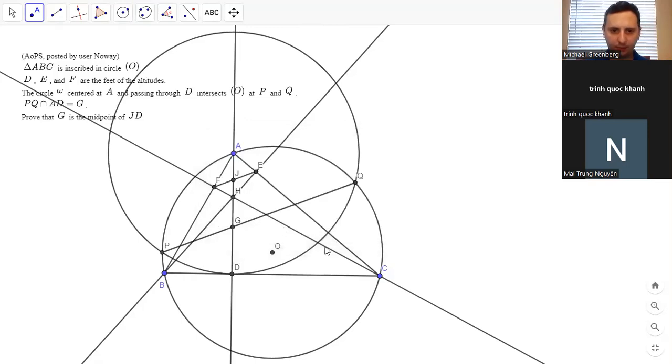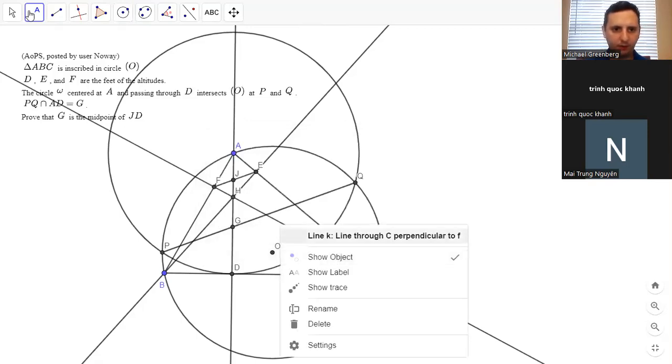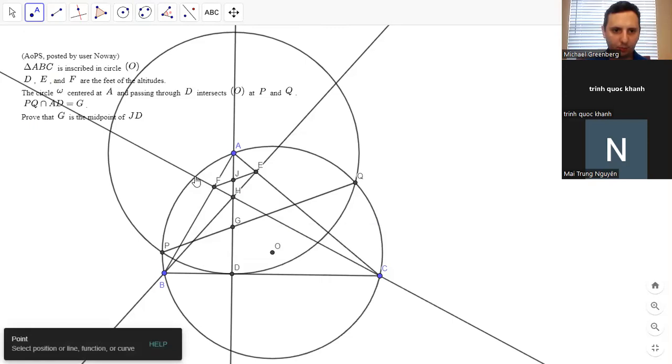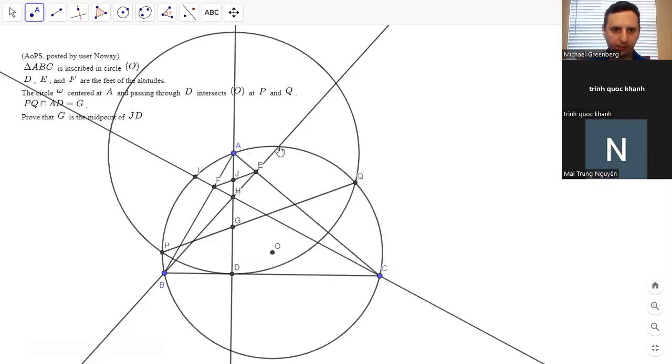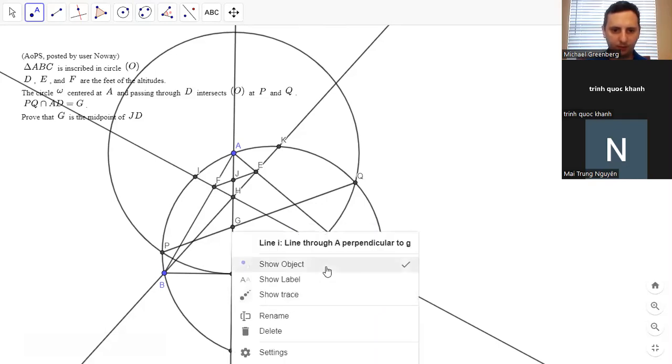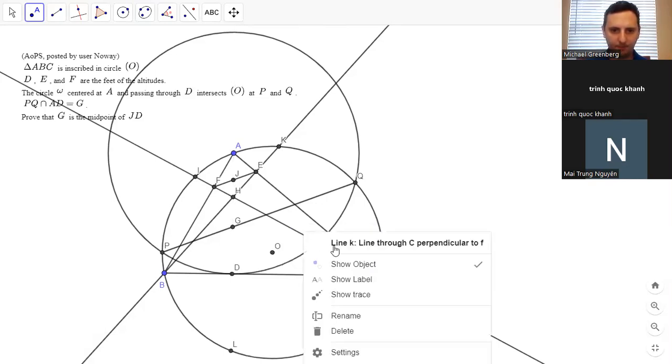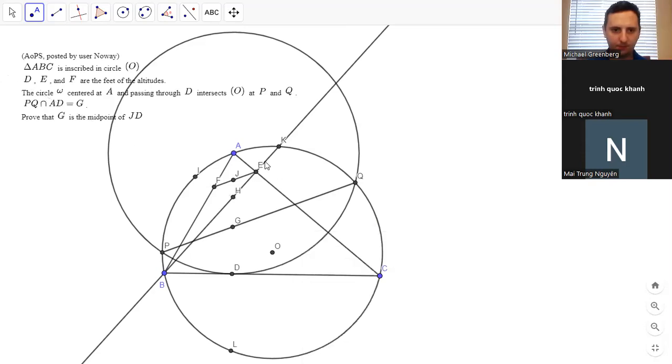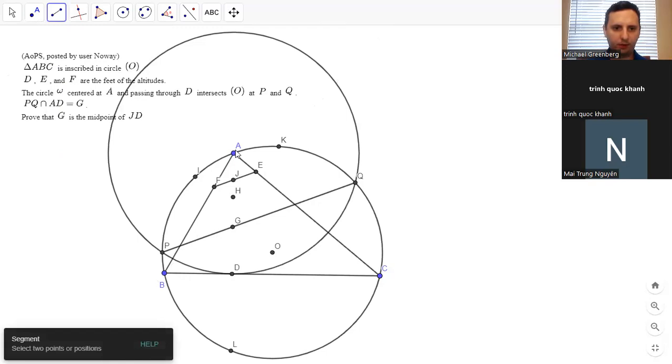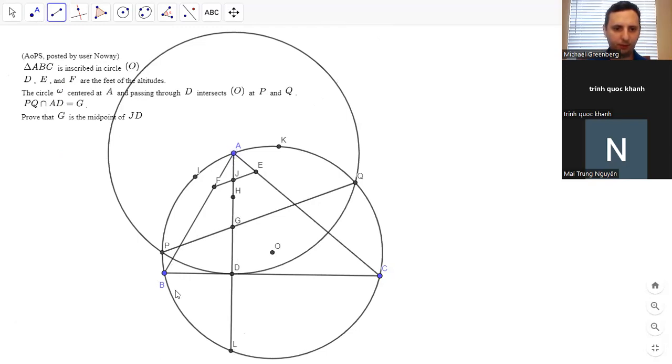Yeah, this problem looks a little easier, but we'll see. I'm going to draw these points just because they might be useful, because the reflection of H over each side lies on the circle. I don't know if we're going to need all these points, but I'm going to draw them anyway.